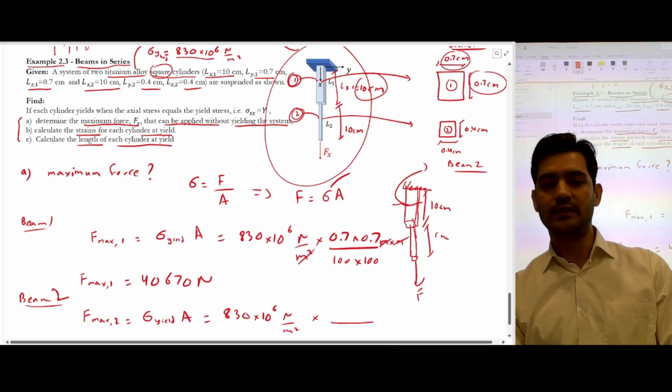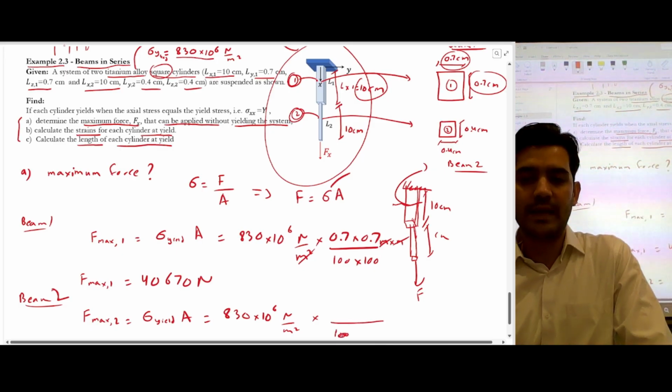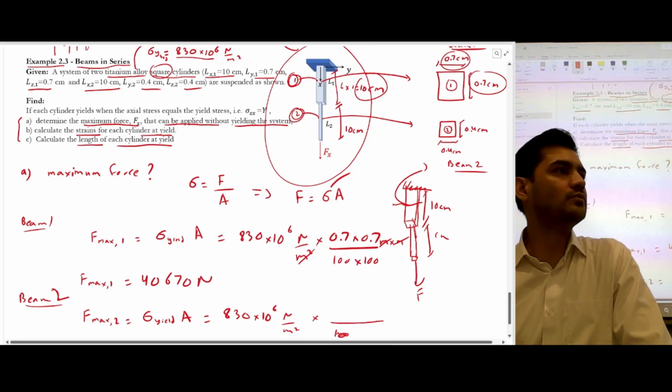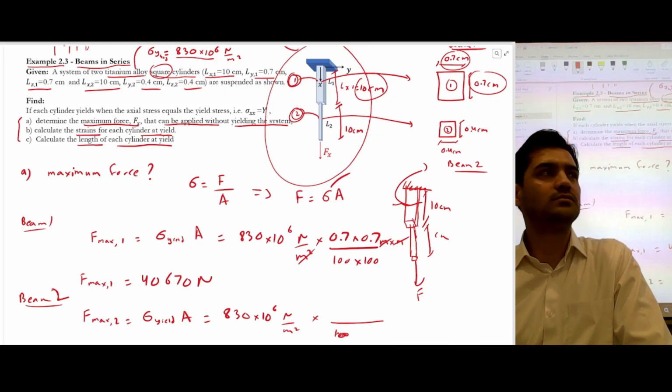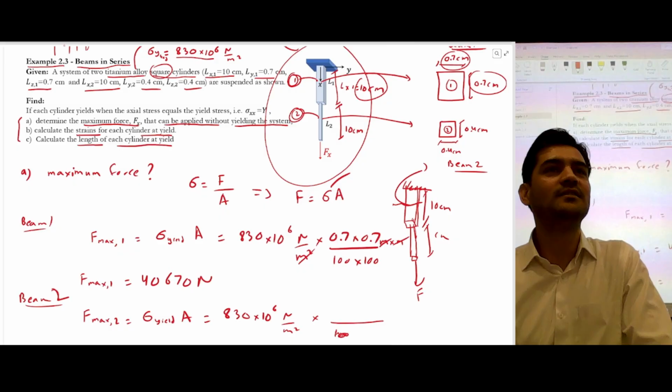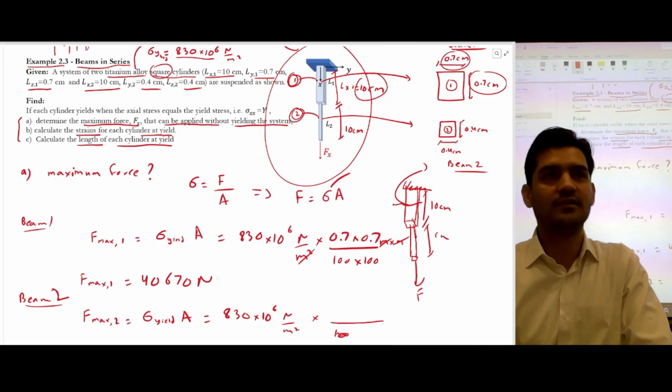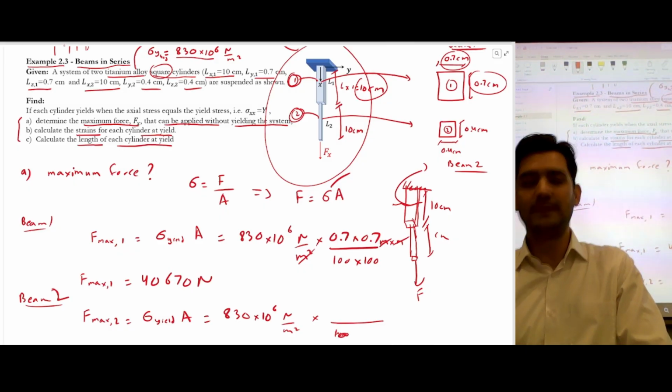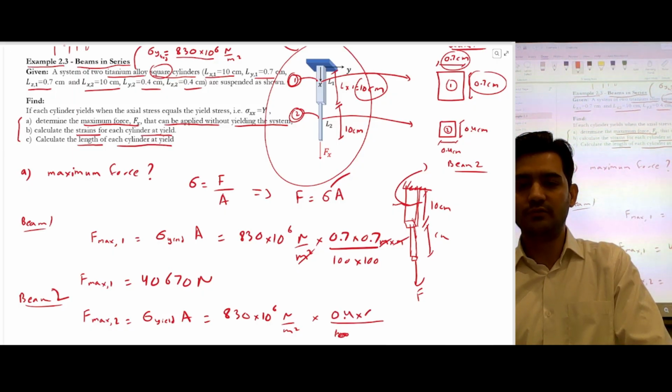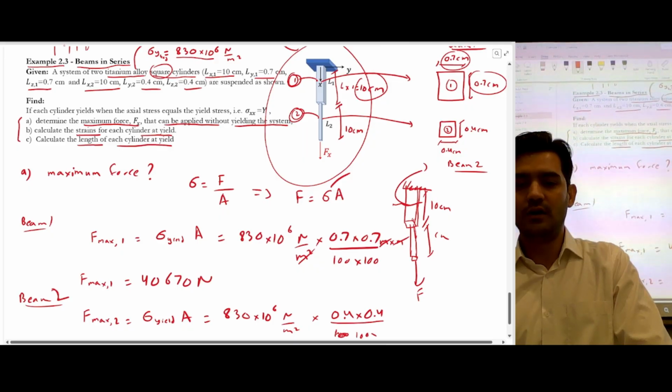And what's the area for the beam 2? Yes. 0.16 meters squared is 0.4 times 0.4. Okay, yeah, good. That's correct. So the area is 0.4 into 0.4, divided by 100 into 100.